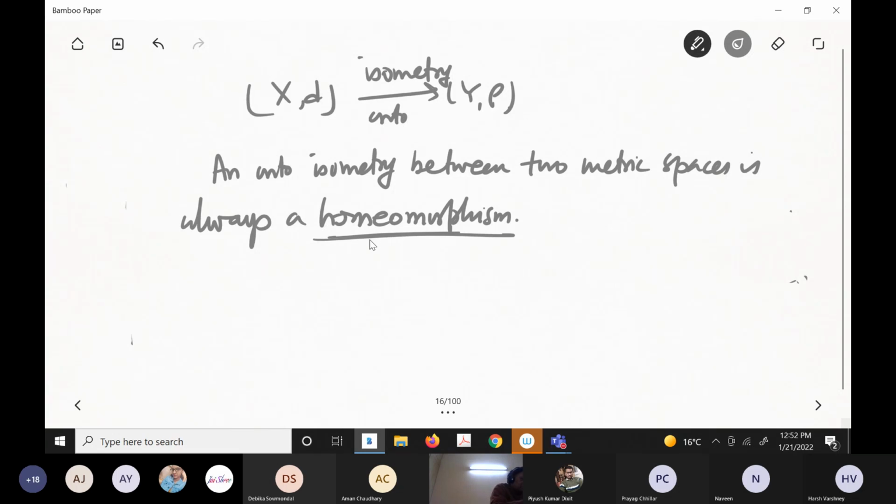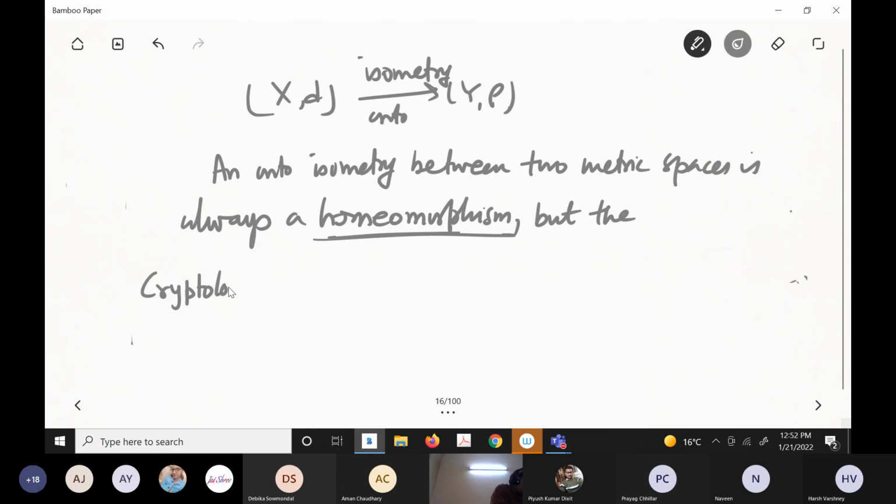The isometry between two metric spaces is always a homeomorphism, but in algebra, they say that algebra starts at Galois theory. Not before that. I don't know how much Galois theory you know. Somebody was telling me he's interested in cryptology. Then you should know finite fields.